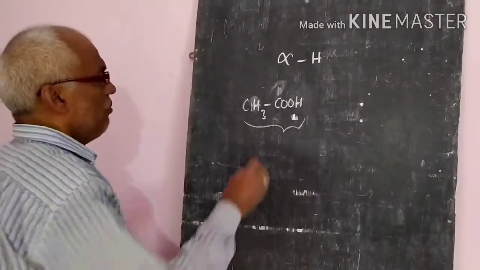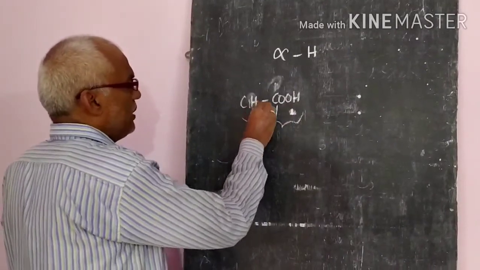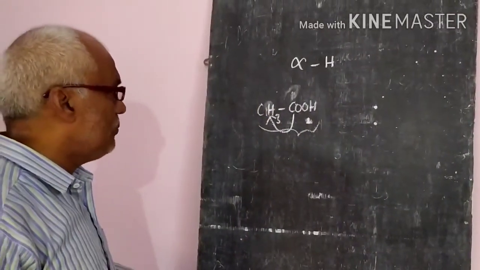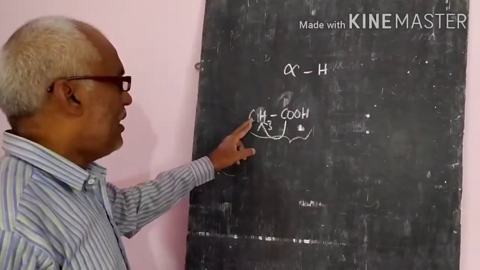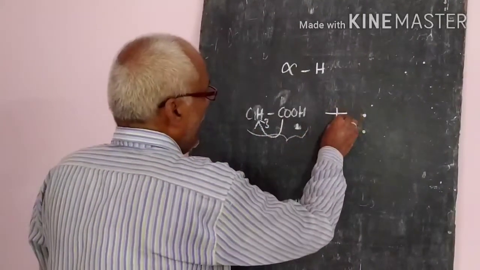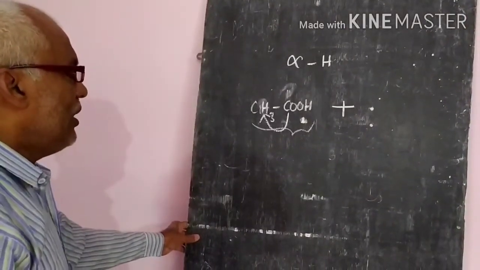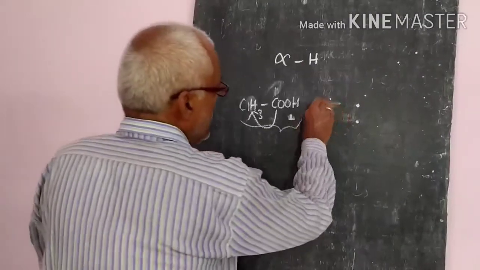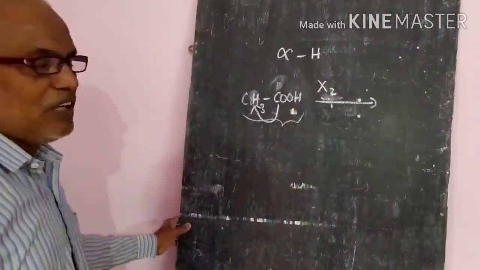In this one, the carbon atom beside the carbonyl carbon is called the alpha carbon atom. It should have alpha hydrogens. If it has alpha hydrogen atoms, it will undergo halogenation, that means chlorination or bromination. Halogenation means addition of halogens like chlorine and bromine. These two are most important.